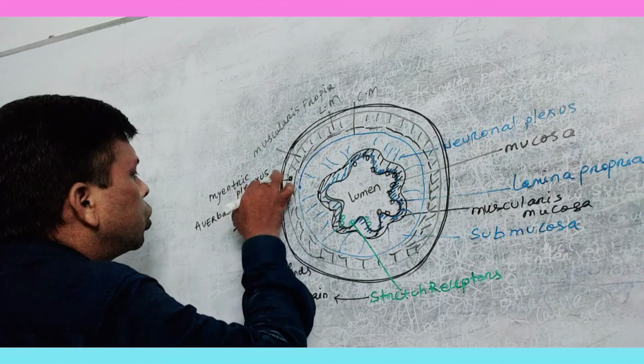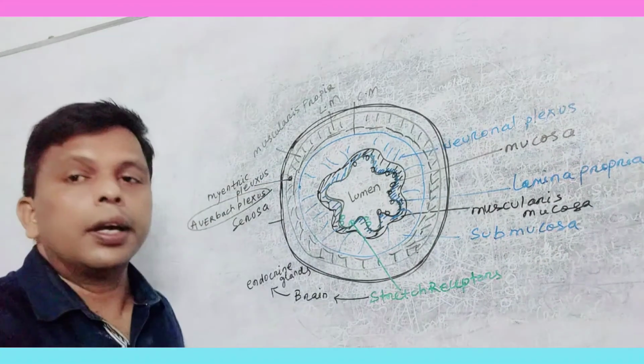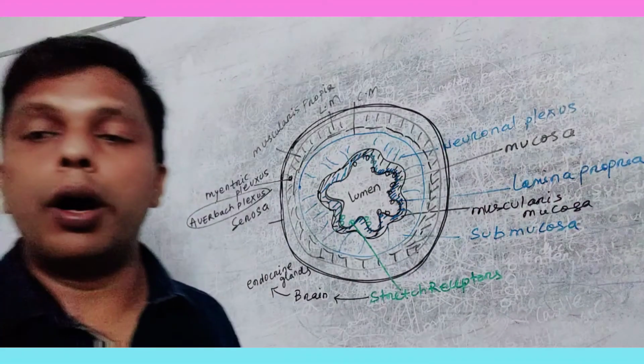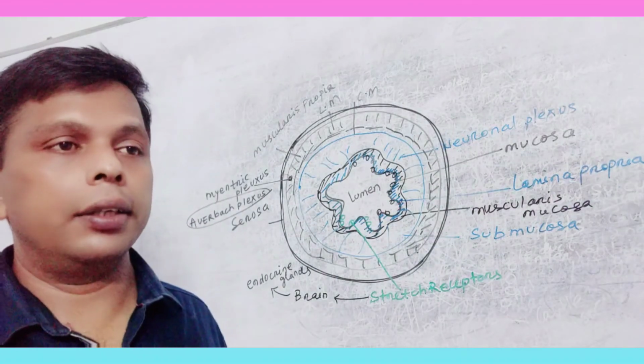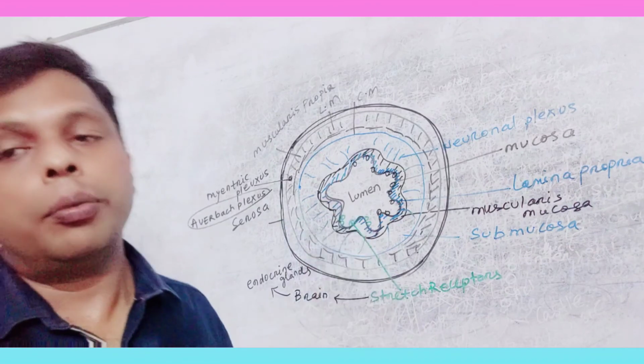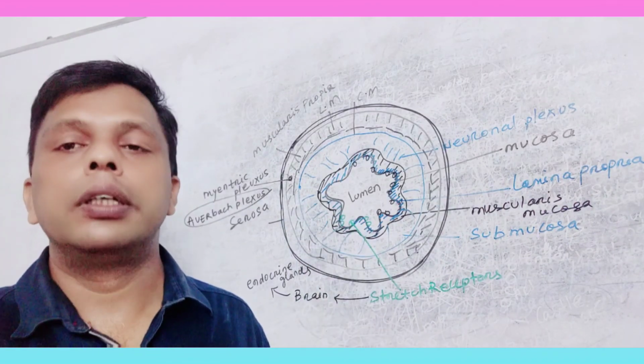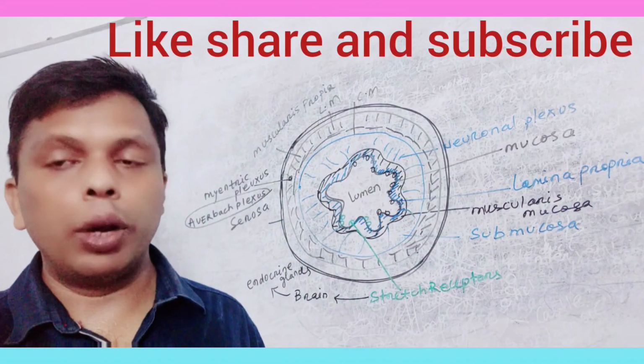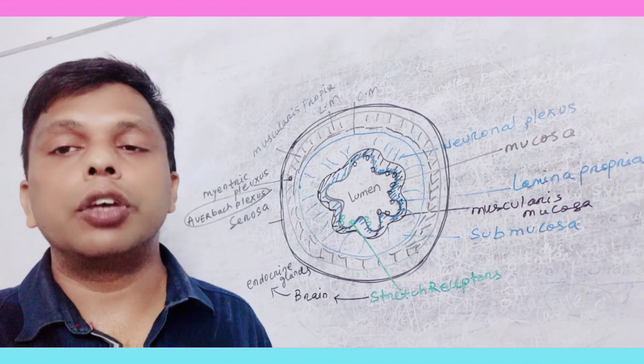So it helps in contraction of muscle for motility of the alimentary canal. Clear? So these are the basic histological structures. That means it is well vascularized and supplied with nerves.